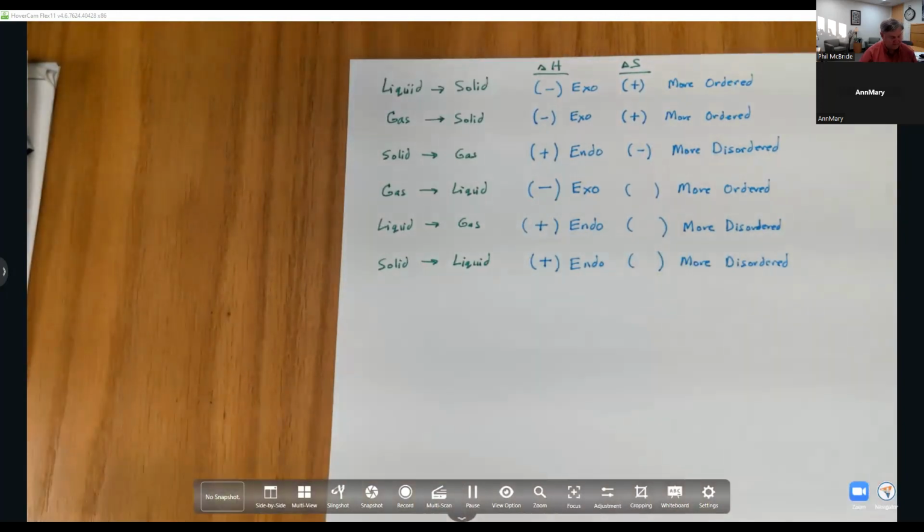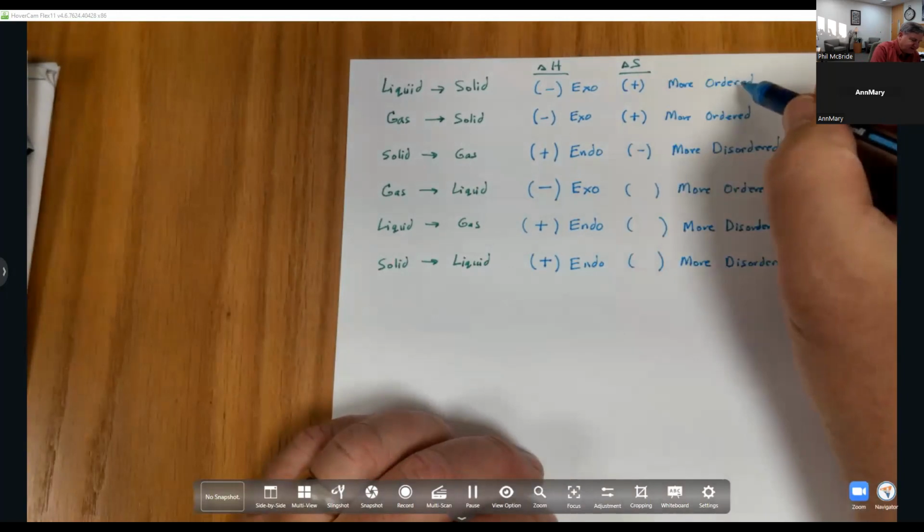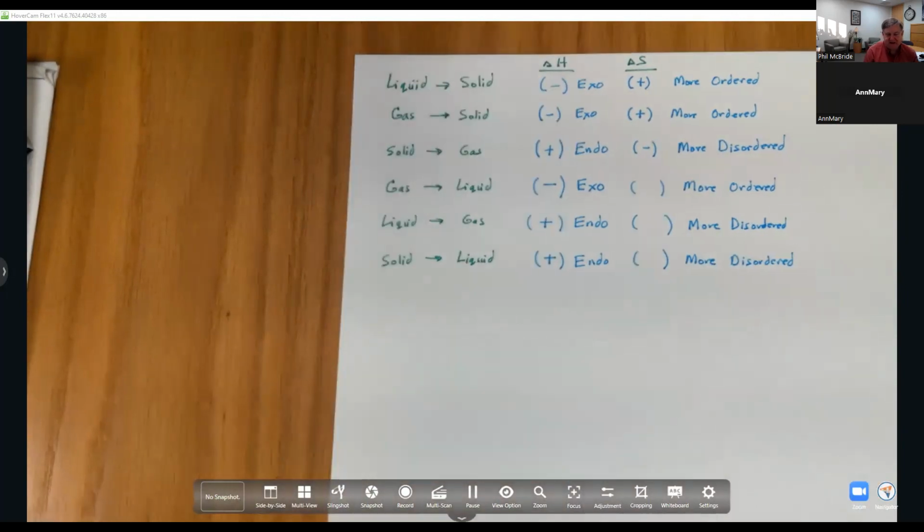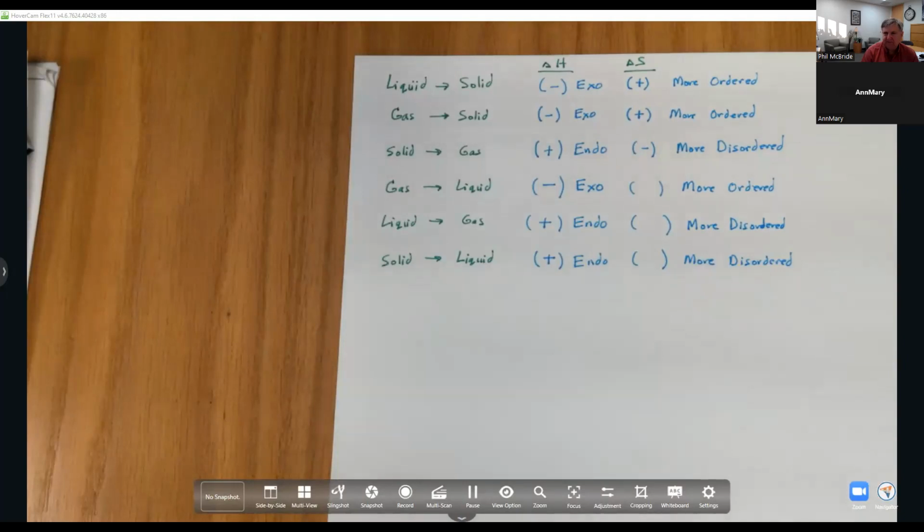All right. So these are good, except for the sign of delta S when it becomes more ordered. So what is the definition of entropy? It's a measure of disorder.